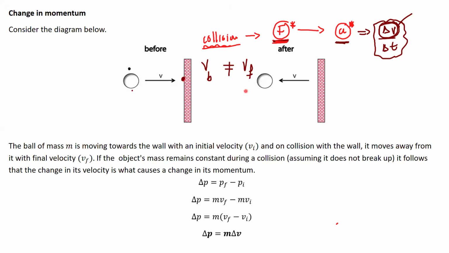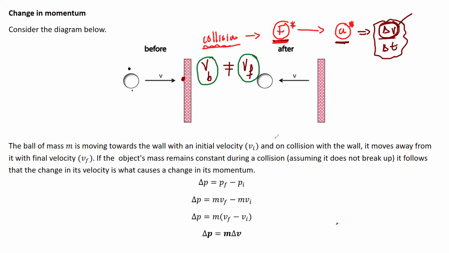So the concept is this: because of the collision between the ball and the wall, there is now going to be a change in the velocity. And the change in the velocity means the velocity of the ball before collision and the velocity of the ball after collision are not going to be the same.